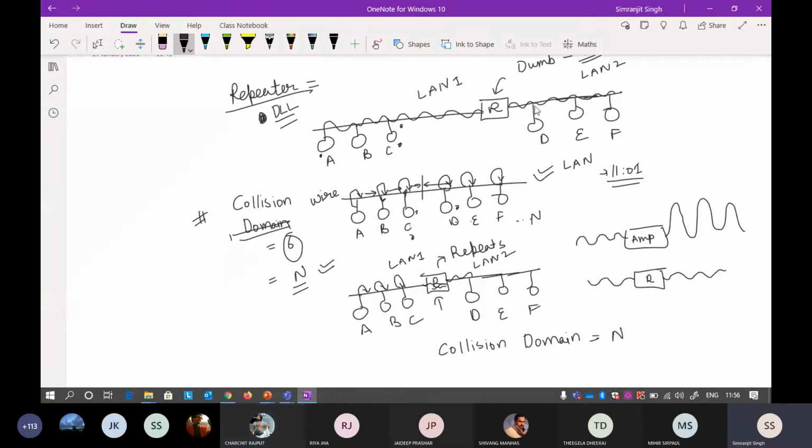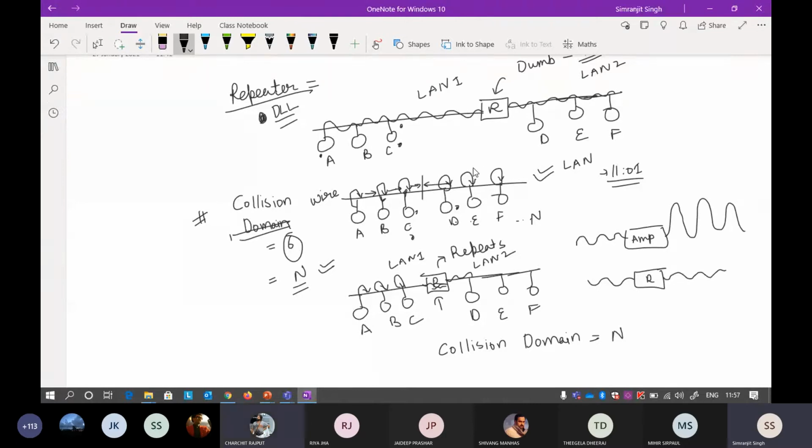Yeah, absolutely. That is why I've said that you have to identify where to put the repeater. That is one of the most important tasks. If you put the repeater where the signal strength is very weak, it is of no use.